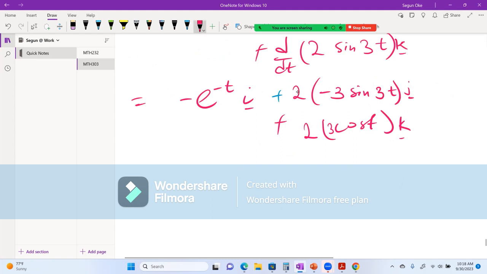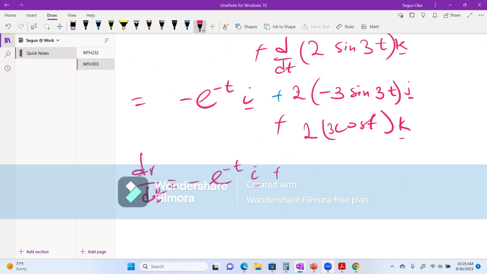So if you write this one correctly, you have your dr/dt to be minus e^(-t) i, because plus times minus will be minus, 6 sine 3t j plus 6 cos t.